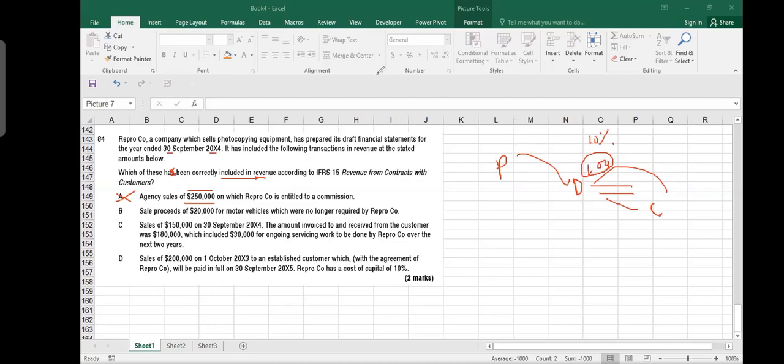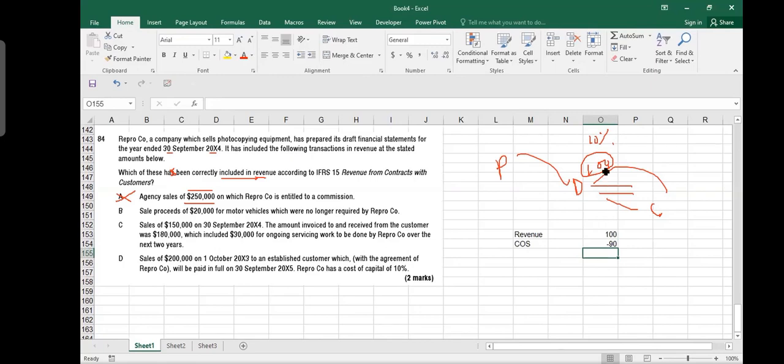So sometimes what do they do? A very common mistake is that they say, okay, I will record my revenue as 100. And because I have a 10% markup, they record $90 in cost of sales, which is not a proper treatment.